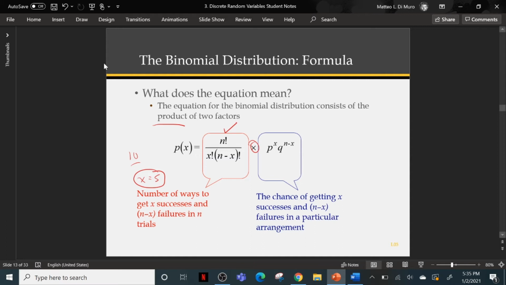This part of the formula is actually the chance of getting x successes. So here it is, the probability of success, raised to the power of x, times the probability of failure raised to the power of n minus x.